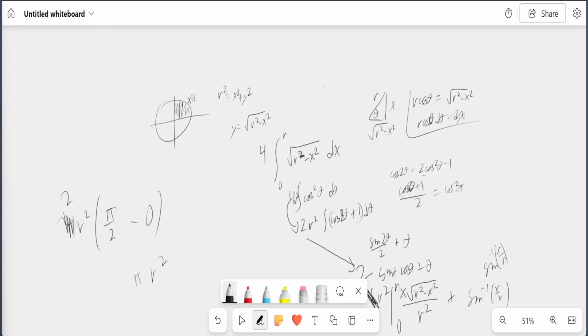Which one are we doing next? Circumference. We did that. Area. We did that. Volume. Okay, so let's do volume of a sphere.